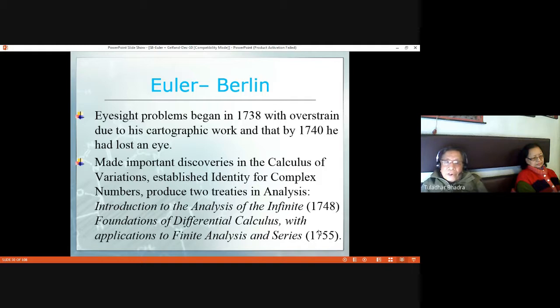He made important discoveries in the calculus of variations, established identities for complex numbers, and produced 2 treatises in analysis: Introduction to the Analysis of the Infinite in 1748, and Foundations of Differential Calculus with application to finite analysis and series in 1755. With only one eye working, he still worked very intensively, as you can see here.